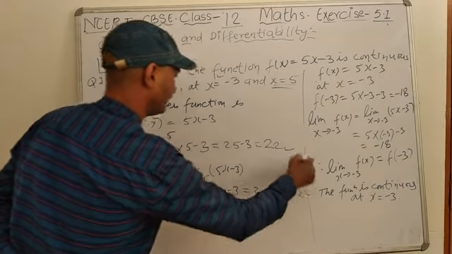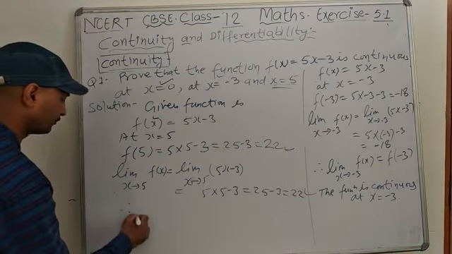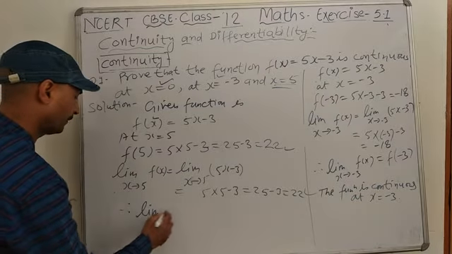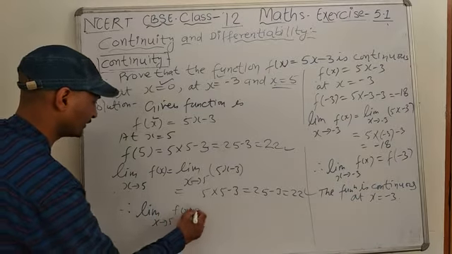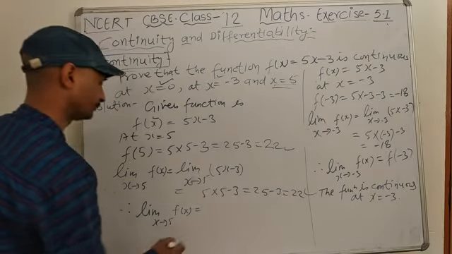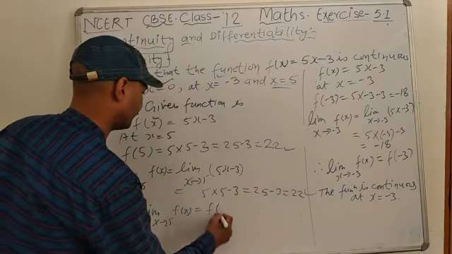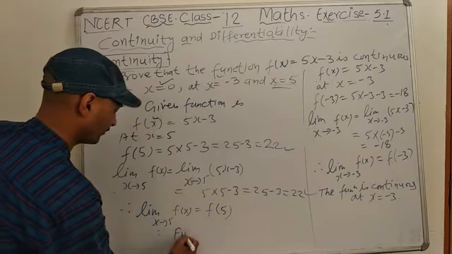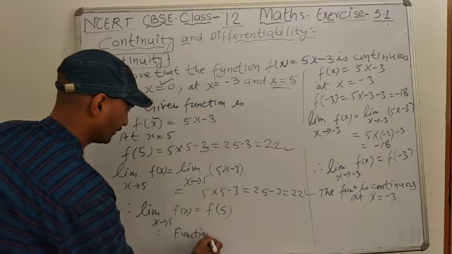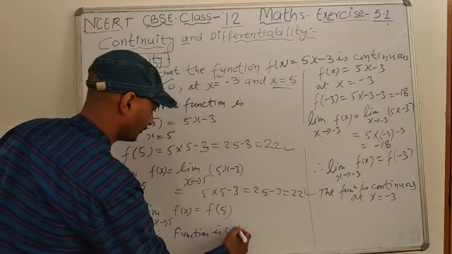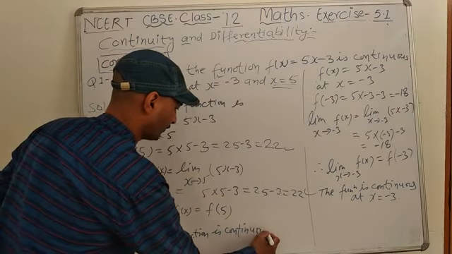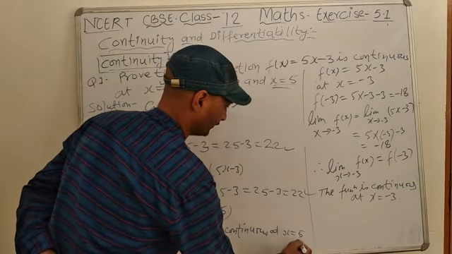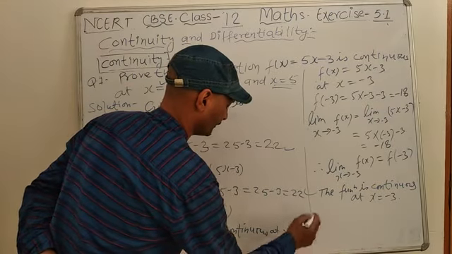So you see here both are equal, that means therefore the limit as x tends to 5 of f(x) equals f(5), both are 22. That means the function is continuous at x equals 5.